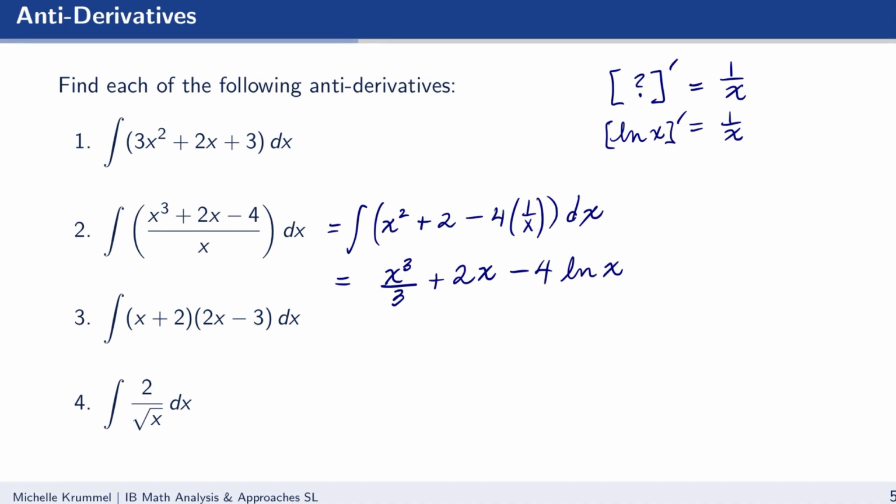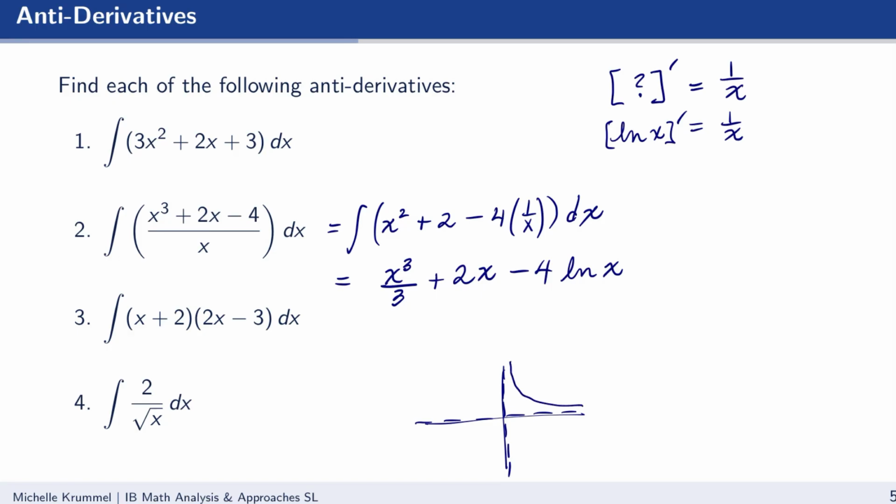If we consider the graph of 1 over x, it has a vertical asymptote on the y-axis. And then that graph looks something like this.